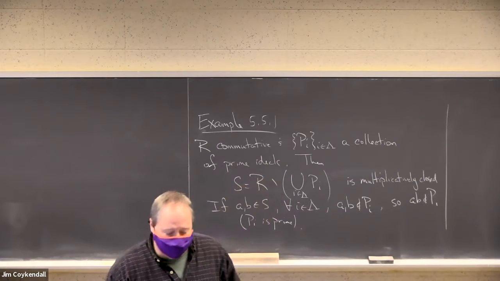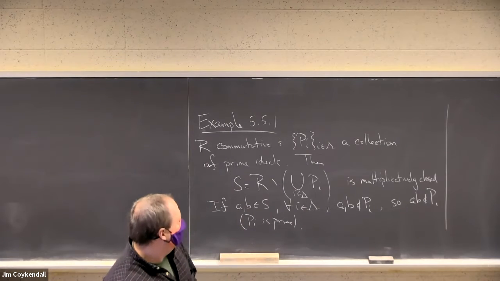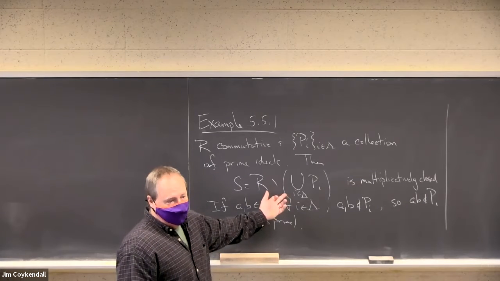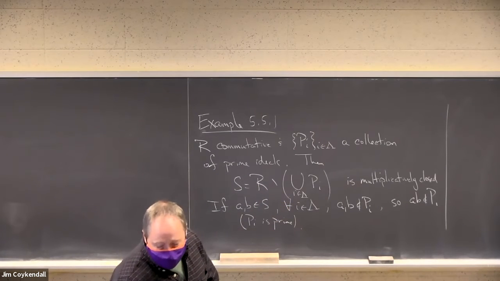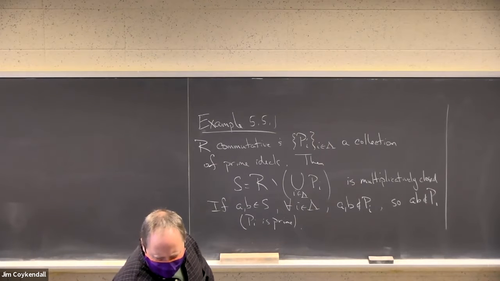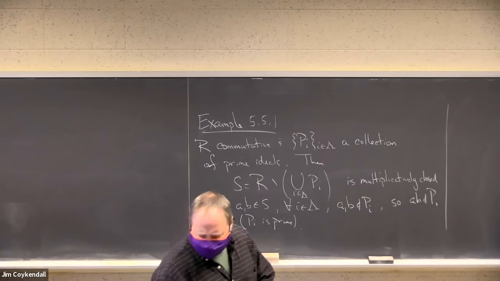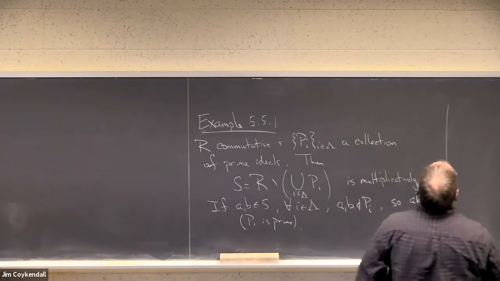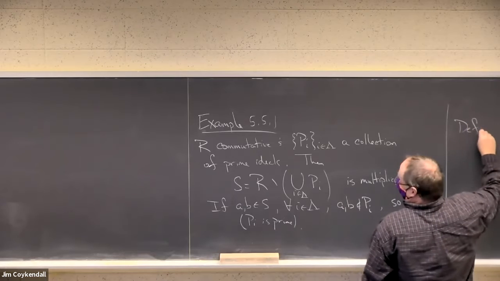And in fact, this is the most important way to build multiplicatively closed sets: as a complement of prime ideals or a union of prime ideals. Definition.